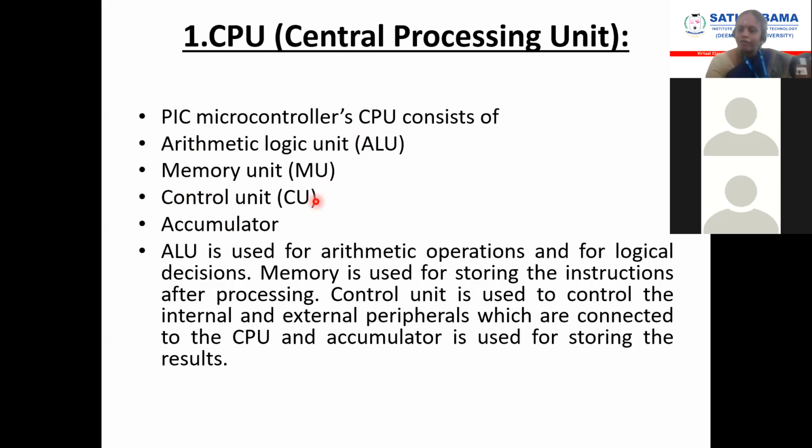The memory unit is available in a microcontroller as well as the PIC microcontroller, but a microprocessor doesn't have separate onboard memory. Then the control unit, to synchronize my instructions. Then the accumulator. So the four main parts are the arithmetic logical unit, memory unit, control unit, and accumulator.